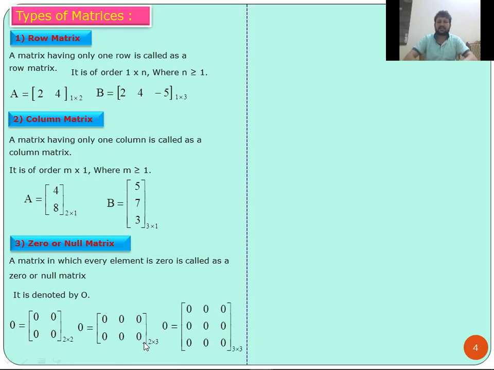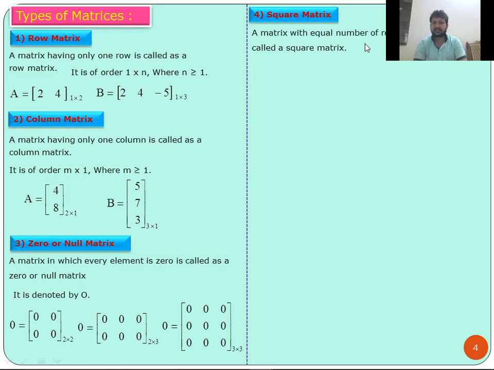Next type of matrix, square matrix. Word is square. Simple thing, square means all sides are equal, geometrical shape. So for matrix, number of rows and number of columns are same. That is said to be a square matrix.